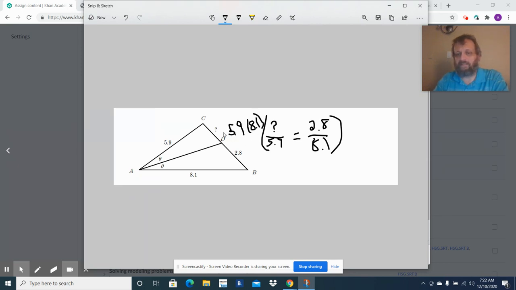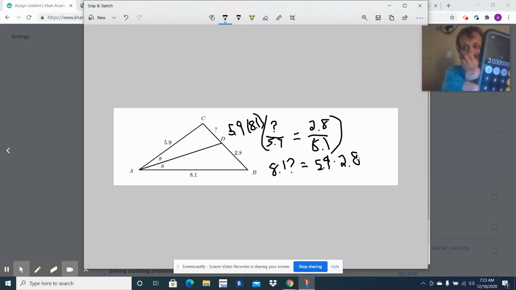Okay, so this times this, 5.9, so I'm left with 8.1 times my question mark equals 5.9 times 2.8. So again, 5.9 times 2.8 divided by 8.1.